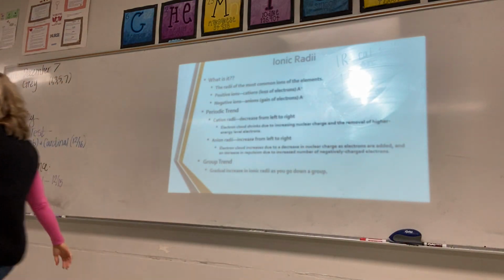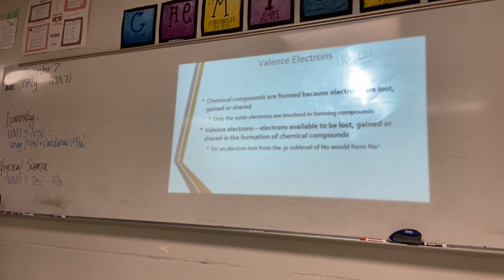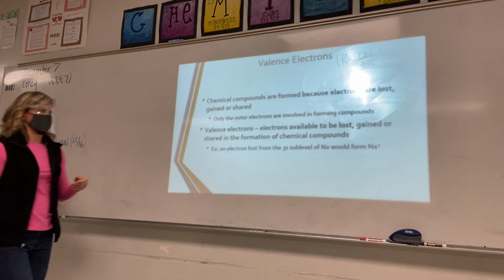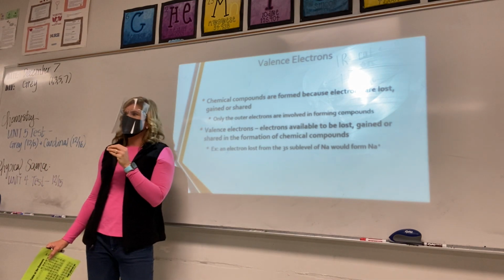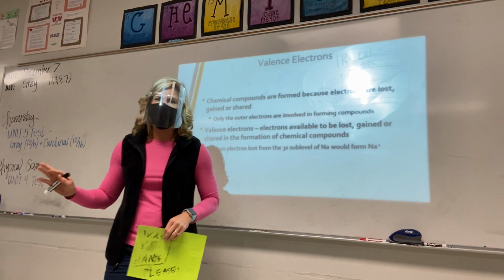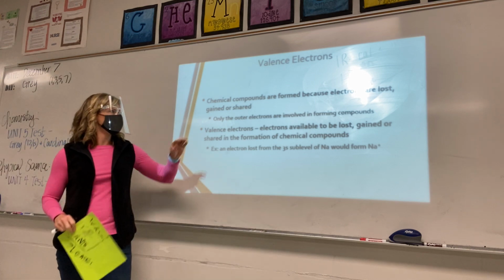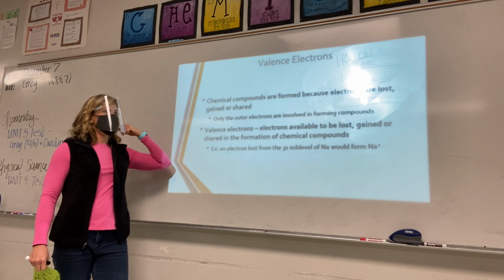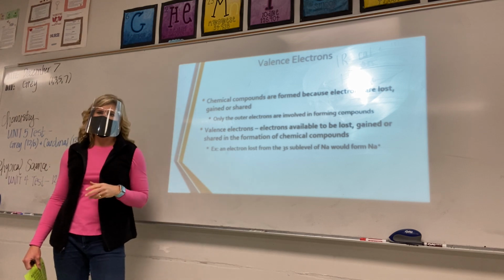This is very simple. All right, we've already talked about valence electrons, okay? Valence electrons, those are the electrons that are used in order to create a compound. We're going to get much deeper into this next unit when we talk about ionic compounds, okay? But chemical compounds are formed because electrons are either lost, gained, or shared.